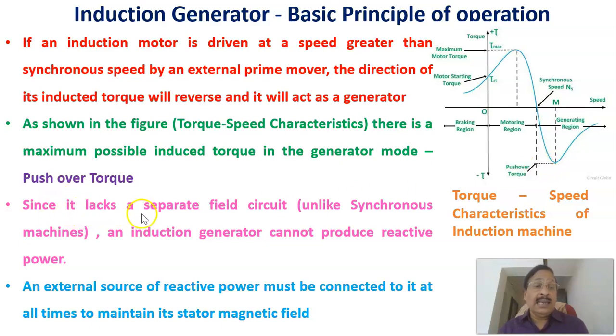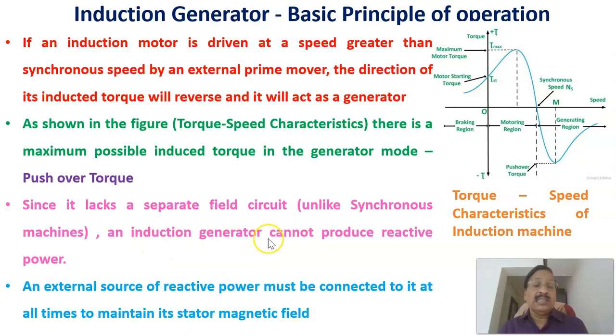Unlike the synchronous machine, the induction machine does not have any separate field winding. Therefore, an induction generator cannot produce reactive power. Since there is no separate field winding like a synchronous machine, we have to provide a separate mechanism to meet the reactive power requirement.